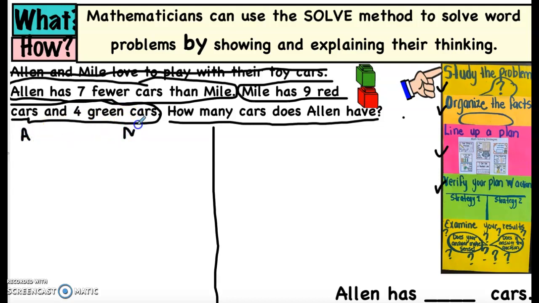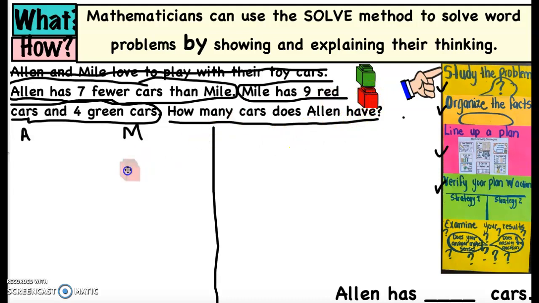So I'm going to label my work, Alan and Miles. And then it says that Alan has 7 fewer cars than Miles. But we don't know how many he has. But then we know that Miles has 9 red cars and 4 green cars. So maybe we can start from there. So he has 9 red cars.